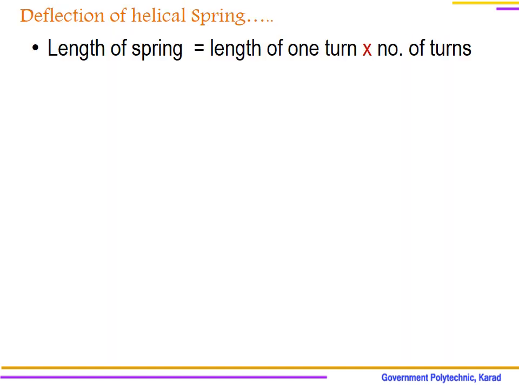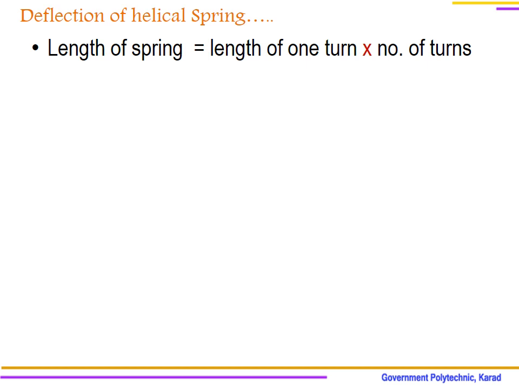How to find the length of a spring? To find the length of a spring, what are we supposed to do? We will be removing its helical shape and measuring its total length. So that will be the total length of the spring. In practice it is not possible. So in practice, how can we find the length of a spring? It is the length of one turn multiplied by the number of turns provided on the spring.